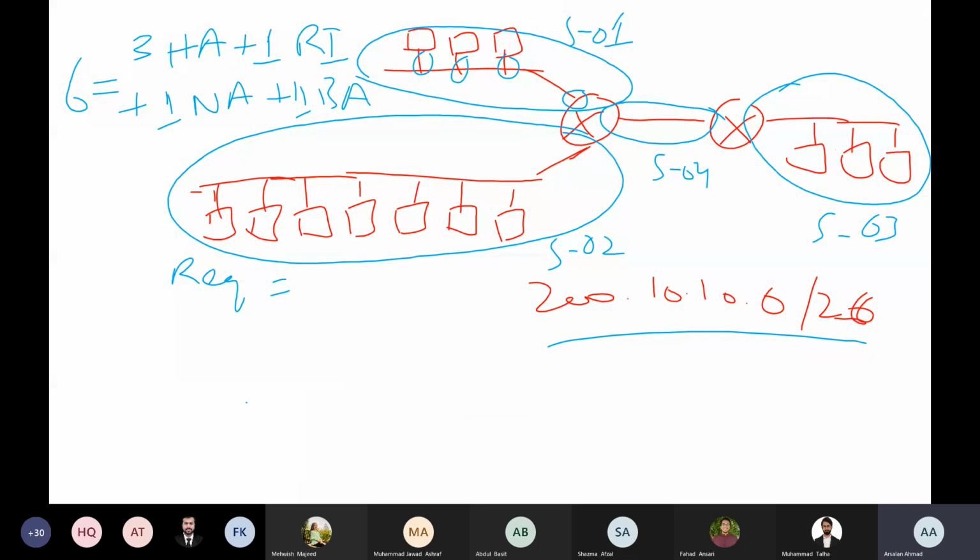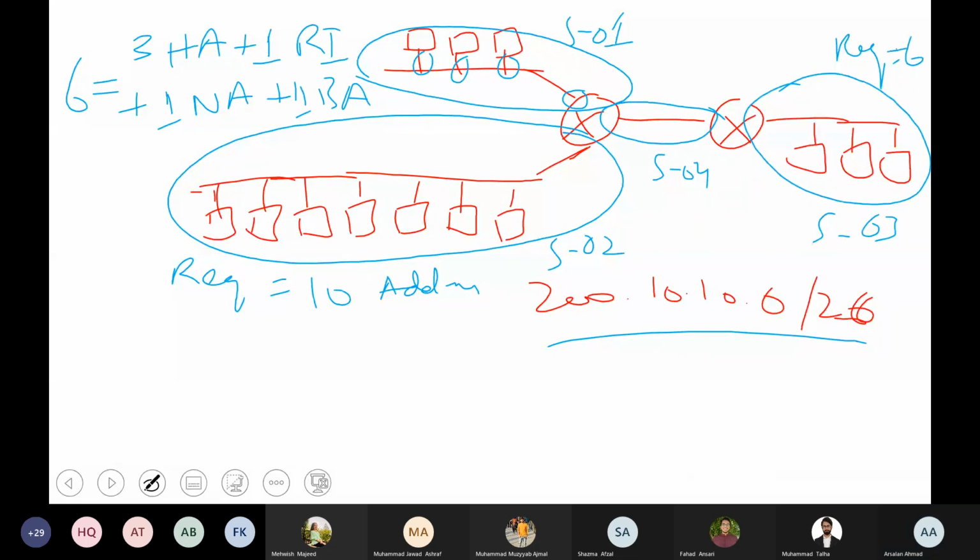And calculate for subnet 3. 6 addresses. Okay, requirement is 6. And subnet 4. 4 addresses. Even this point to point link will have a network address and a broadcast address.